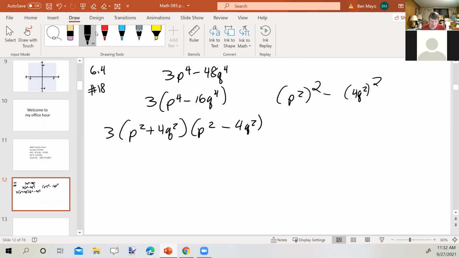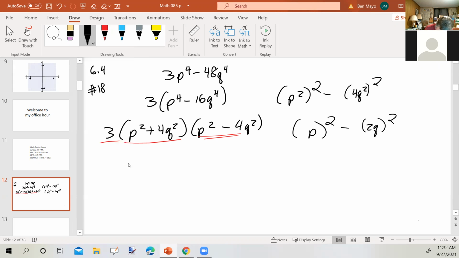But we aren't finished yet. The p squared plus 4q squared won't factor any further, but the other one will, because that's also the difference of two squares, which is p squared minus 2q, the quantity squared.